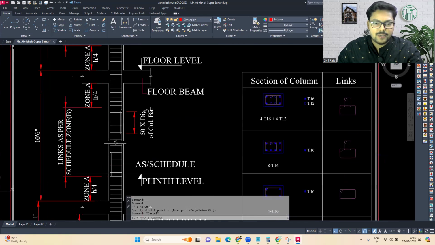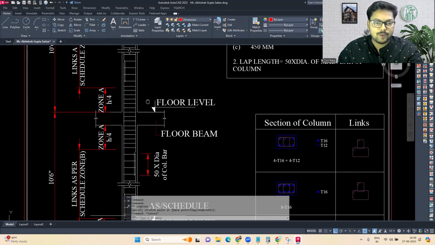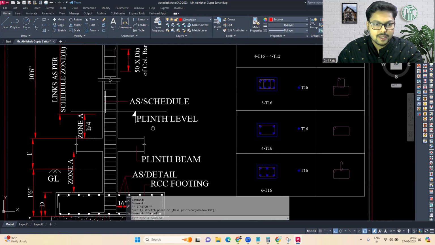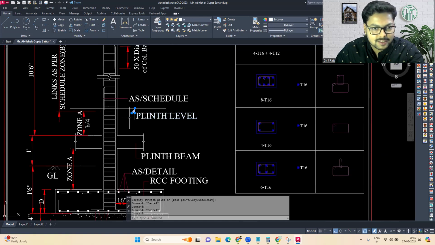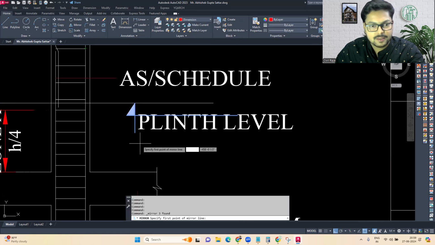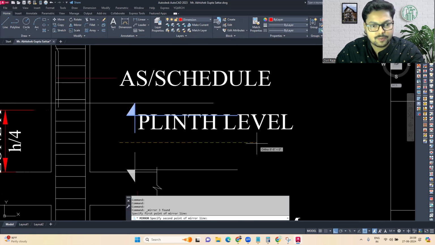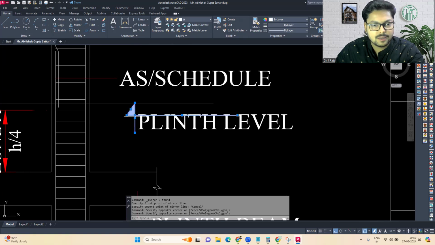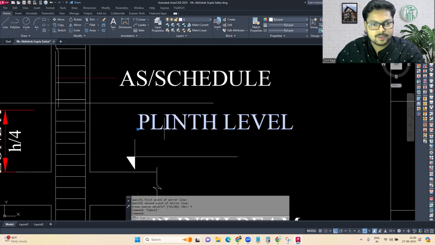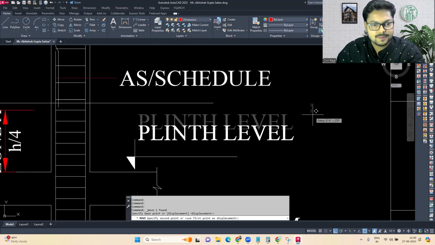Then here we had the plinth beam. Now we have our floor beam over here, and this is the floor level. Now, where is the plinth level? Basically this plinth level is not over here. This is meant to be shown below, so this is our plinth level.